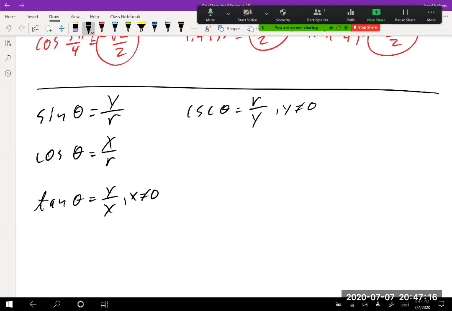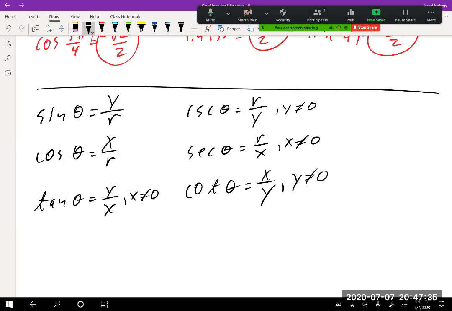Y obviously cannot equal 0. Secant of theta is equal to r over x. Once again, x cannot equal 0. And then cotangent of theta is this ratio of x over y, and y obviously cannot equal 0.